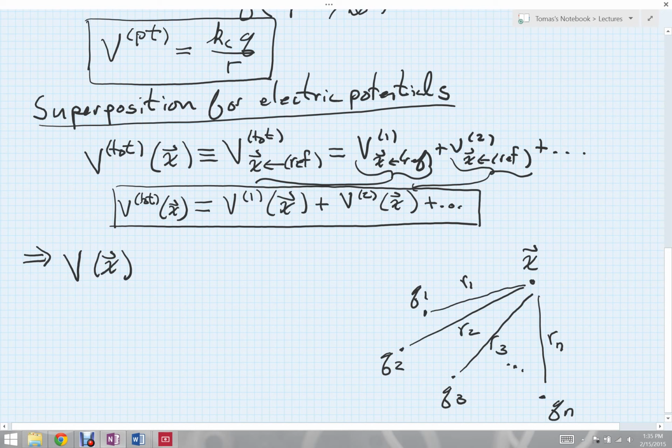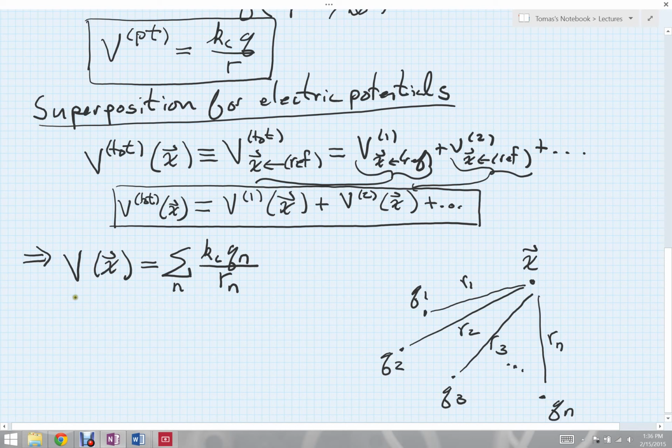So the total potential is going to be the sum over all of my charges n in my system of the potential from each individual charge. And that potential, we've already determined up here, is Coulomb's constant times the nth charge divided by the distance to the nth charge.